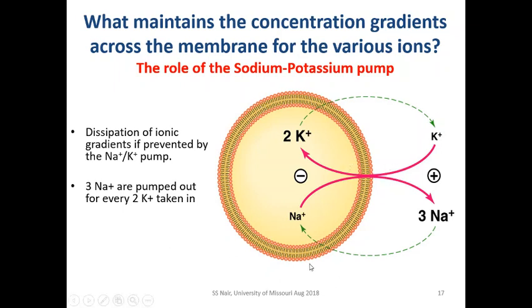There are all sorts of pumps maintaining concentration gradients. They consume a lot of energy. For every burger you eat, 30% of the energy in that burger goes to maintaining these pumps in your brain. That's a lot of energy, actually.